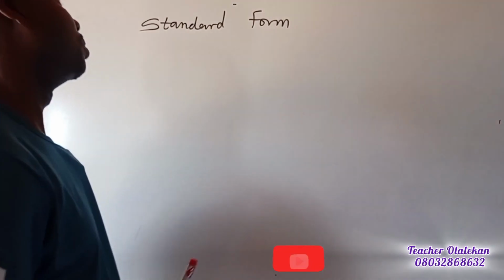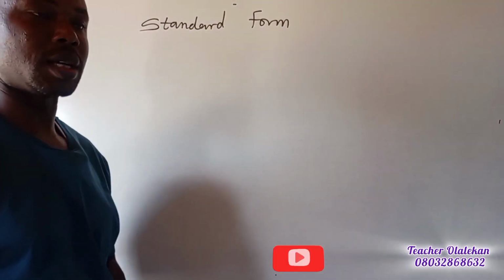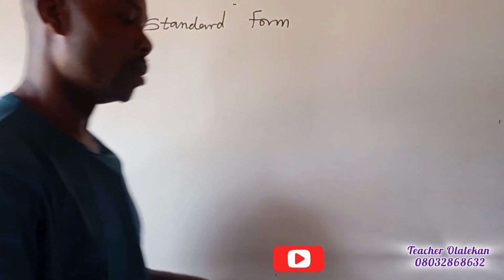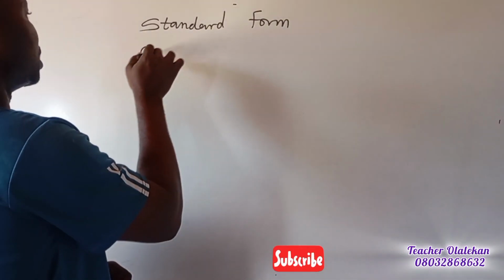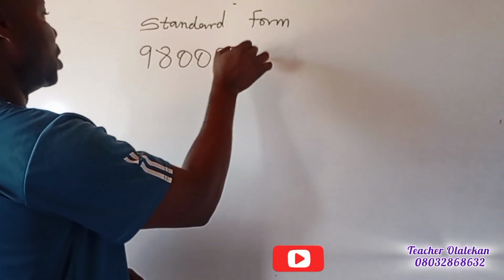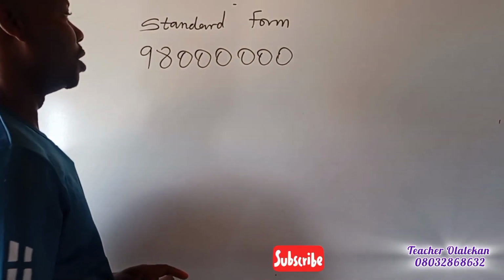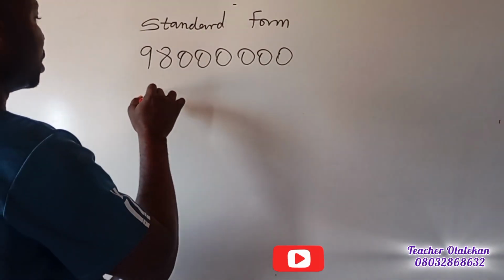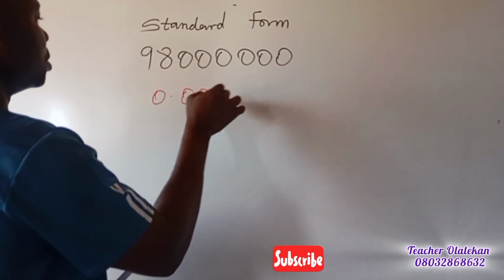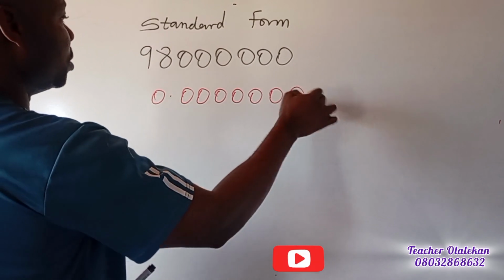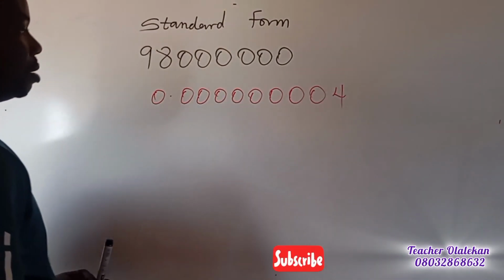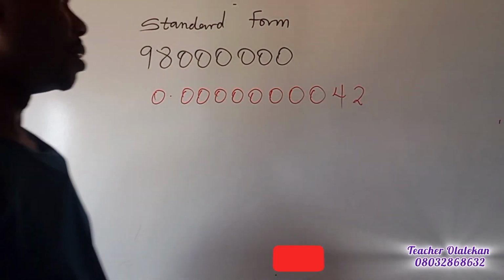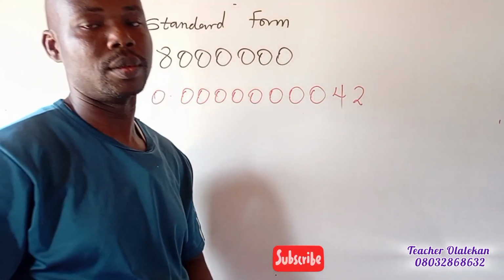So what is standard form? Standard form is a short way of writing a very long figure like, let's say, 98 million, and a very small figure like, let's say, 0.00000042.